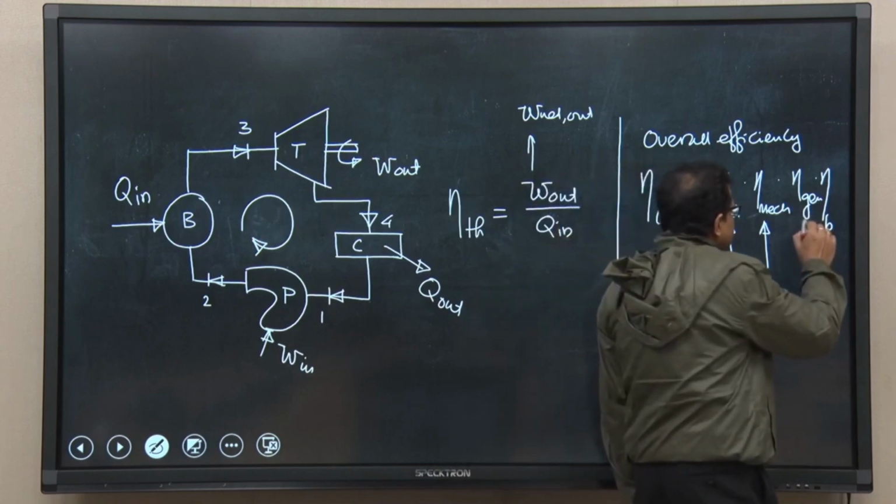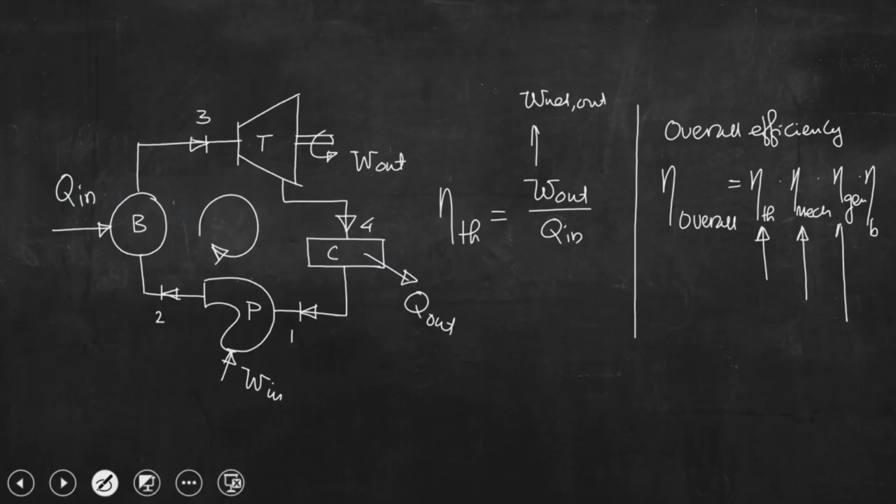Third is the generator, so efficiency of the generator. You know that even though some amount of energy is available at the shaft of the turbine, this shaft is also connected to the shaft of an alternator, from there you are getting electricity.